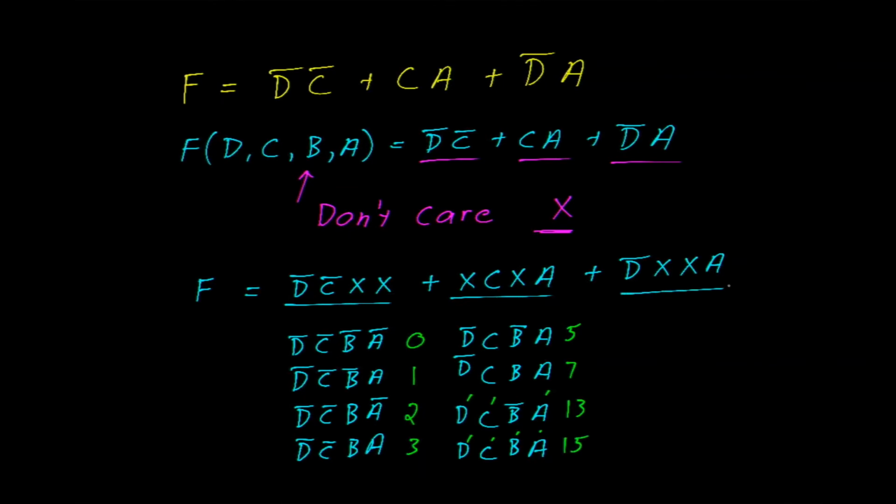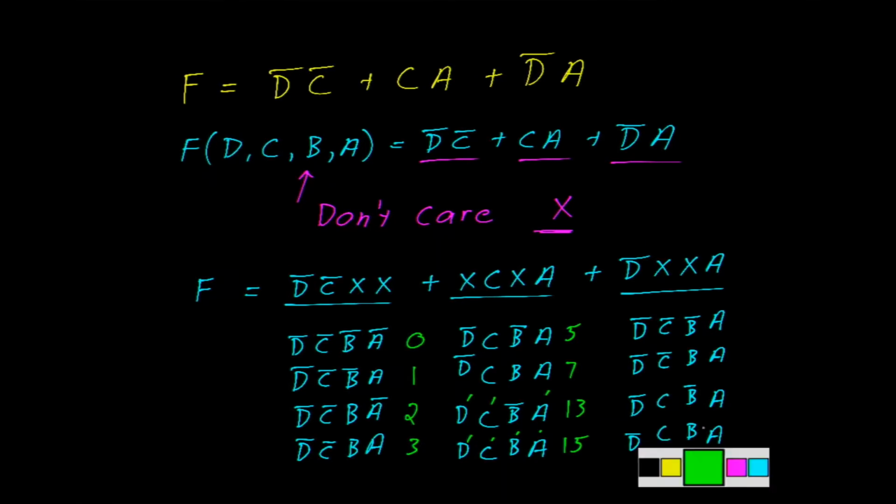Now we can look at this term. That is combinations where we have d naught and a, not caring about c and not caring about b. C and b can take on 4 unique values. So c naught, b naught, all the way to cb.